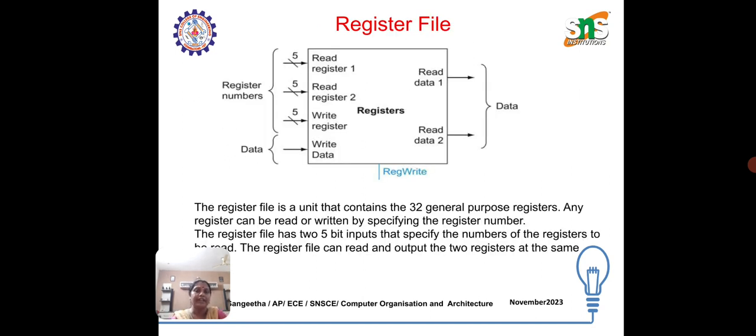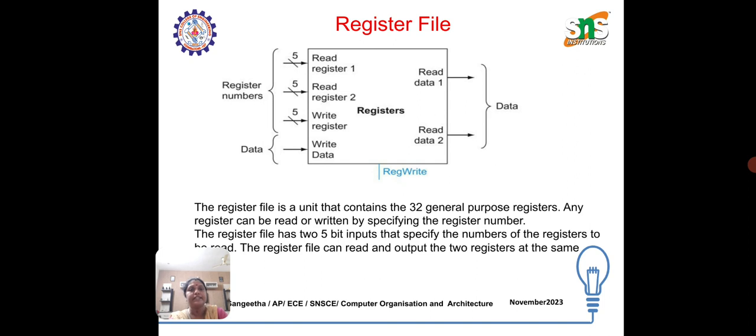The register file is a unit that contains 32-bit general purpose registers. First we should know what a register is and what its purpose is. Registers are the smallest memory units available inside the processor, used for temporary storage.